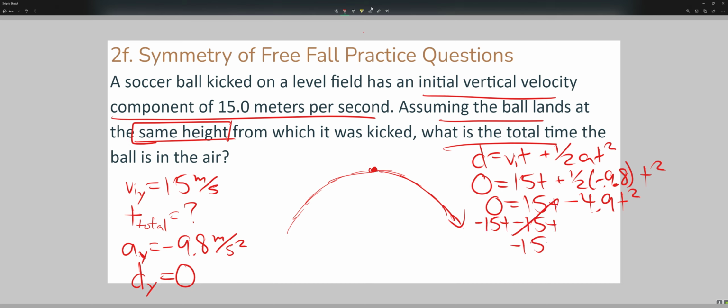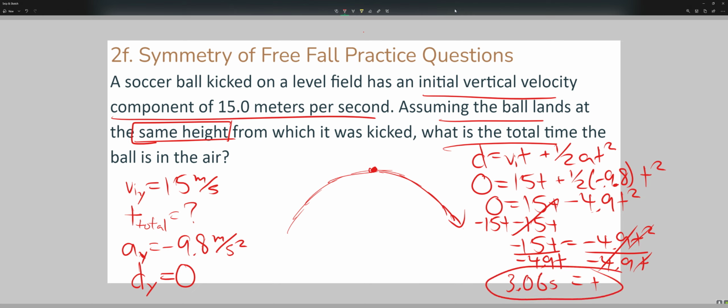So now negative 15t. And then what you can do here is divide by 4.9t, cancel out the t, right? And then you should get 3.06 seconds. Actually, no, there's no square here. The square cancels out, because the t squared and the t is going to give you t, right? So 3.06 seconds, and that would be your answer.